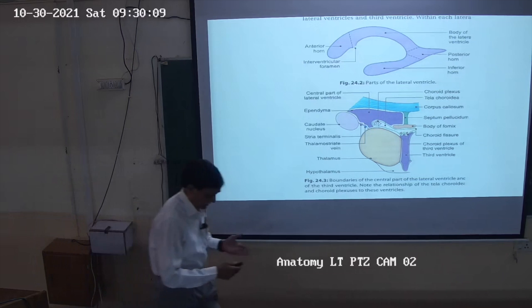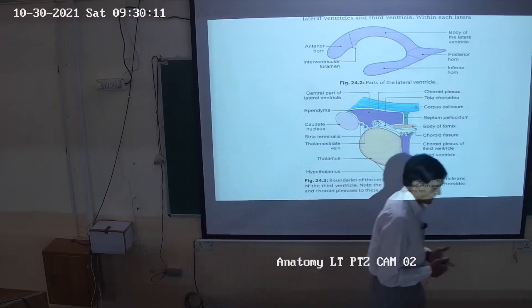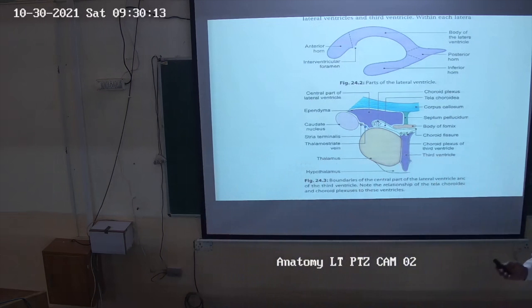In every ventricle you will find the tela choroidea and the choroid plexus. These are the sites which produce the CSF. So CSF is produced by the choroid plexus. Is it clear? And I have already clarified what the choroid plexus and the tela choroidea are.